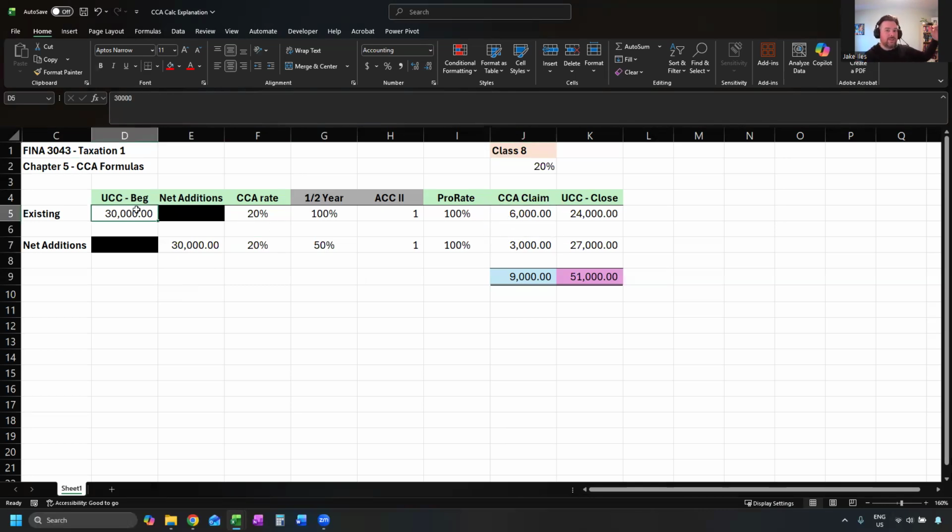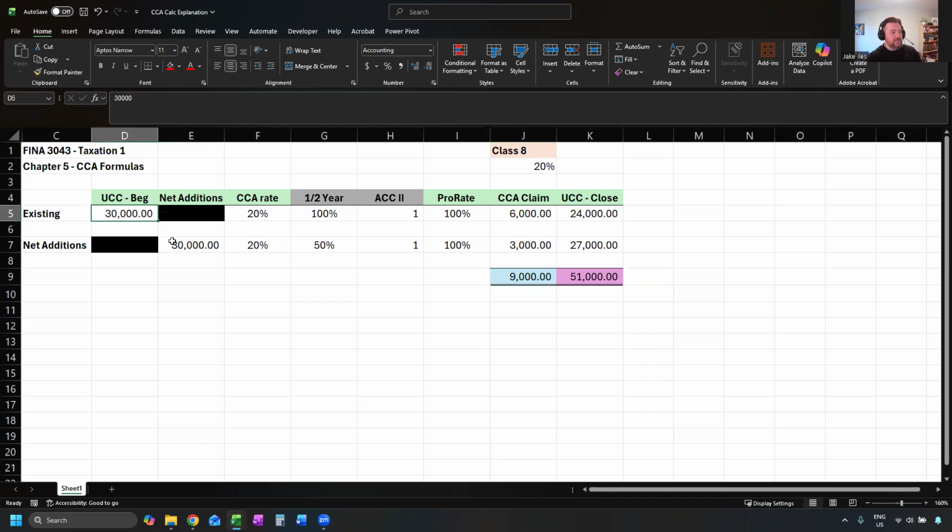So if we had $30,000 of undepreciated capital cost from the previous year, and this year we buy another machine worth $30,000, of the original UCC we're expensing 6,000, and of the new additions we're expensing 3,000. So in the year, we will deduct $9,000.